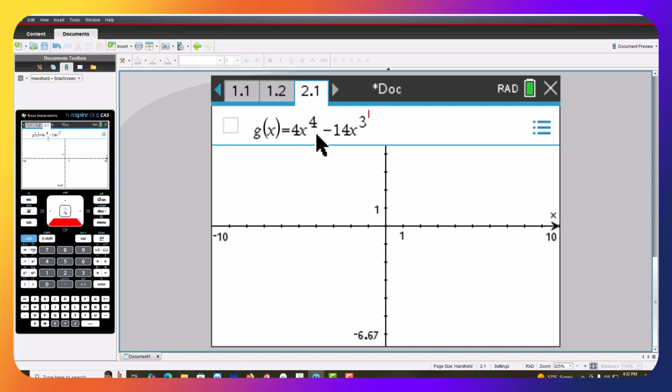Okay. Then we're going to add 8x squared. And then we're going to add 8x. So for the function, you can see x equals 0 as a root.